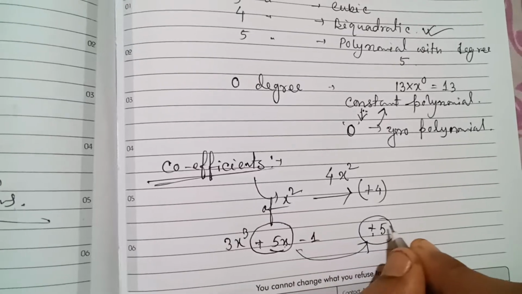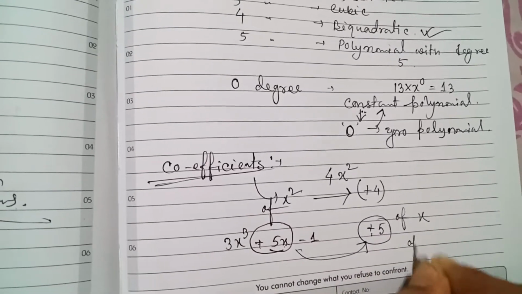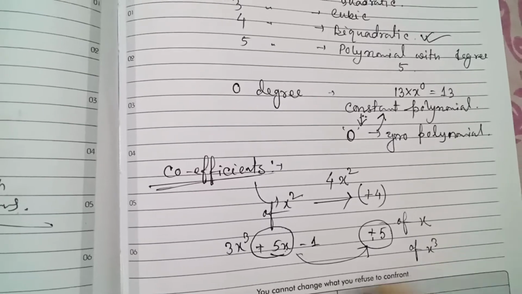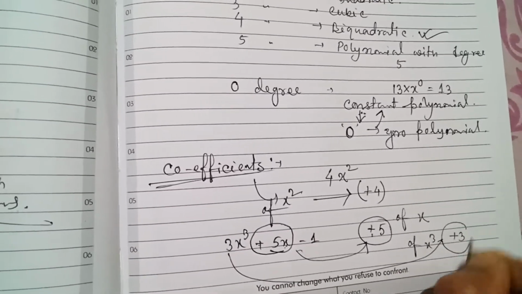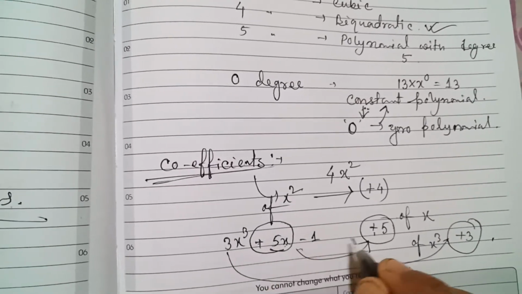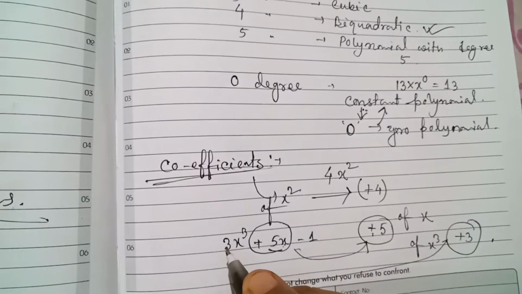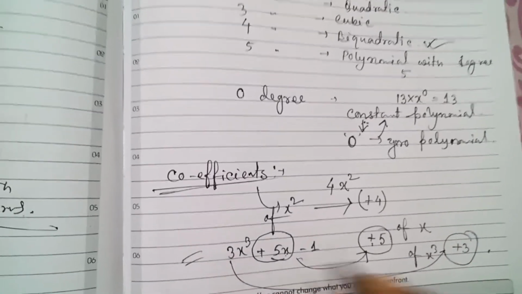Coefficient of x cube will be plus 3. Okay. If it is minus, then we will take minus 5. If it is minus, then we will take minus 3. So this is the coefficient.